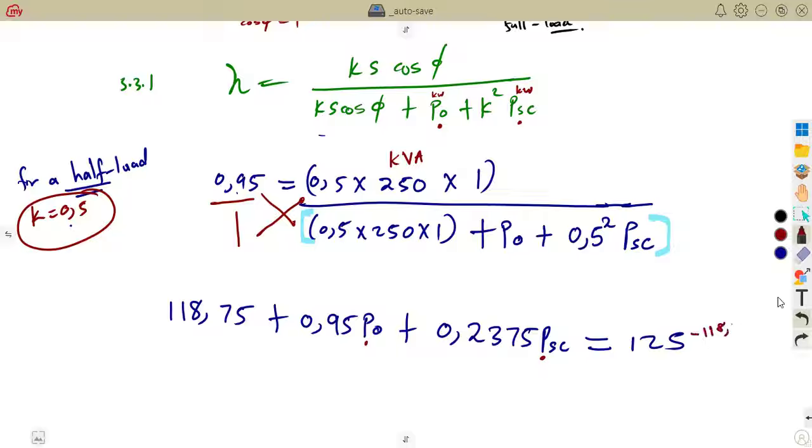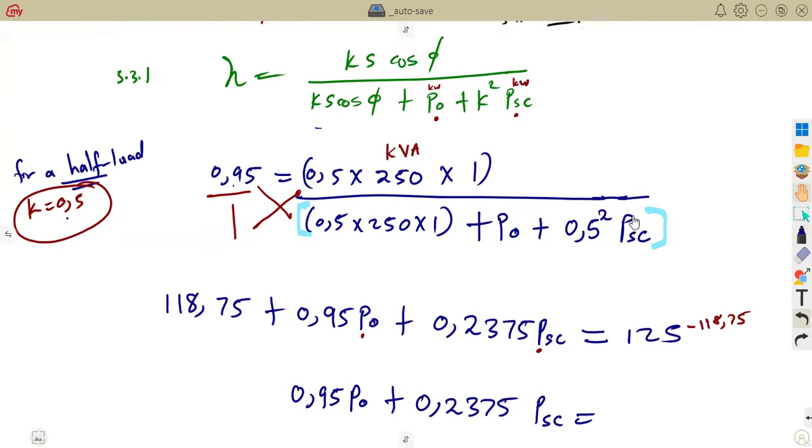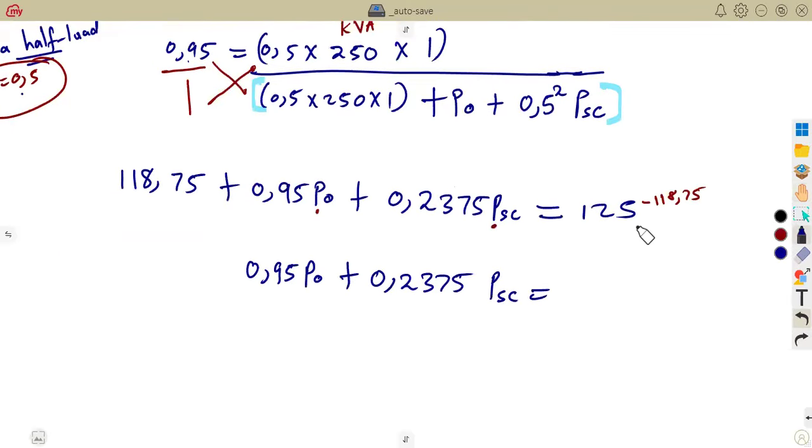So we are going to remain with this part: 0.95 P open plus 0.2375 P short circuit, which is equal to what? Subtract these two, that was going to give us 6.25.